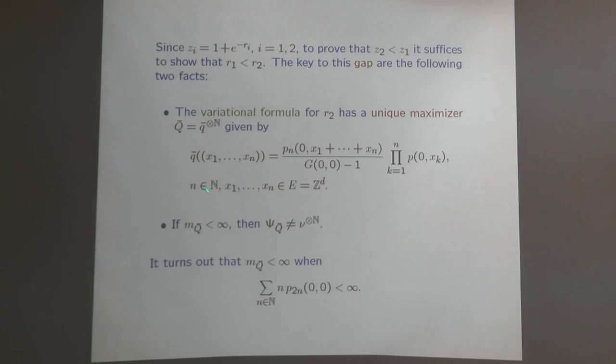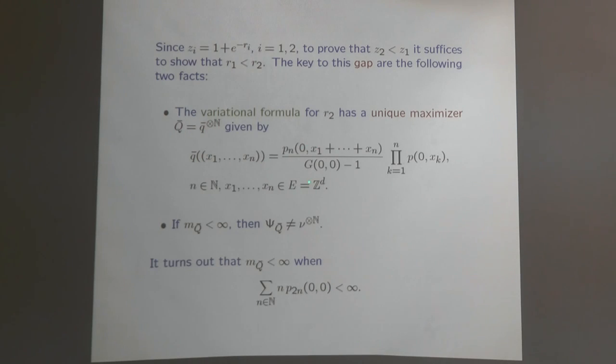Well, it's very clear, first of all, that this is not the product measure, because this here is the product measure nu for the n steps, because remember that the increments were chosen according to the kernel. So the fact that there is this term here tells you that this is not equal to q.